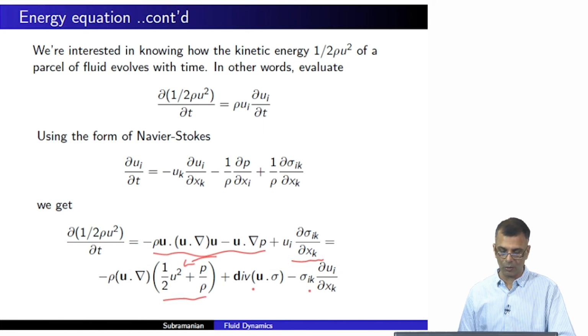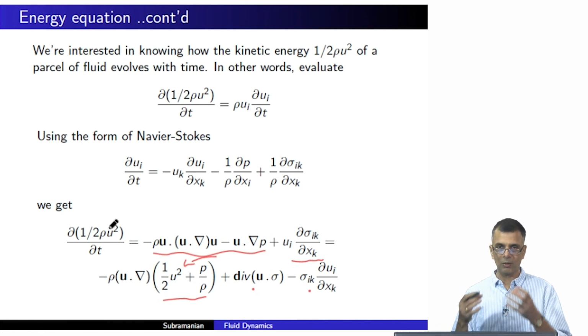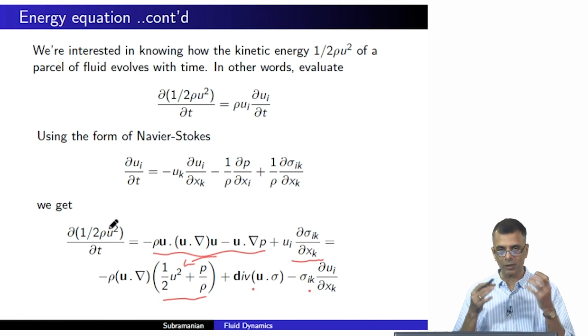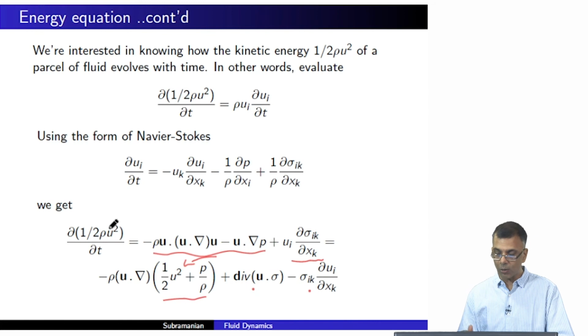So all of this is simply the time derivative of the kinetic energy density of a fluid parcel. In other words, how the kinetic energy density of a fluid parcel evolves and how it's related, specifically, to viscosity.